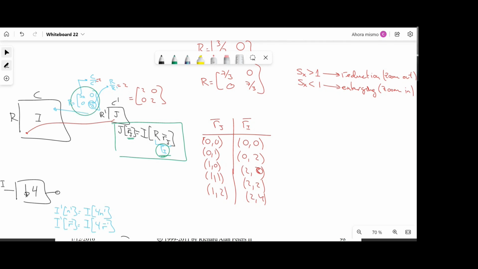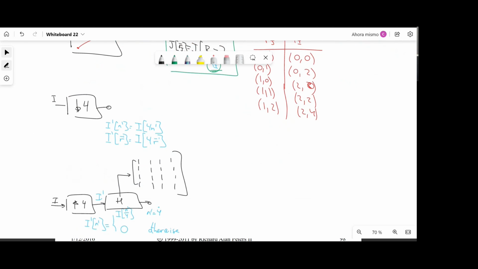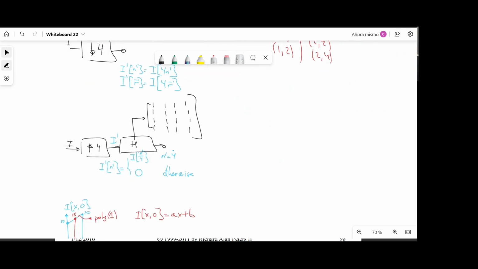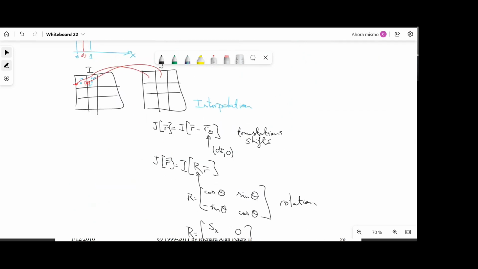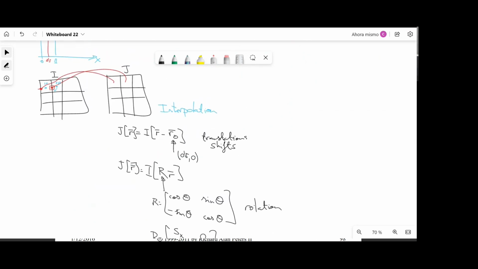But in some other transformations, and we will see more in the next lectures, still the scheme is the same. So you have a coordinate J, you have to transform it, and then you have to evaluate the image I at that location. So the scheme is all the time the same. And these are called in general geometric transformations.